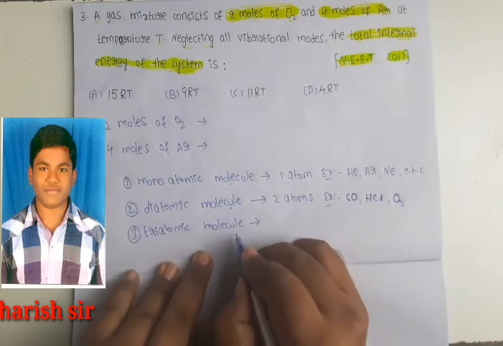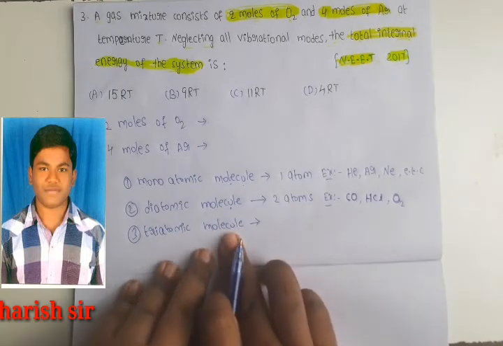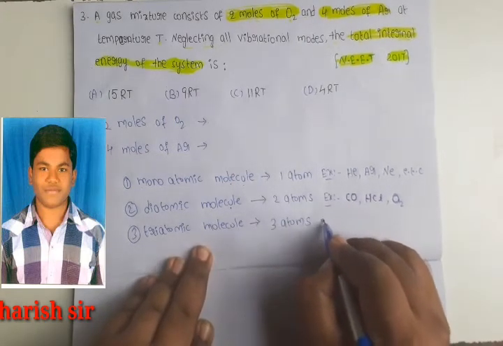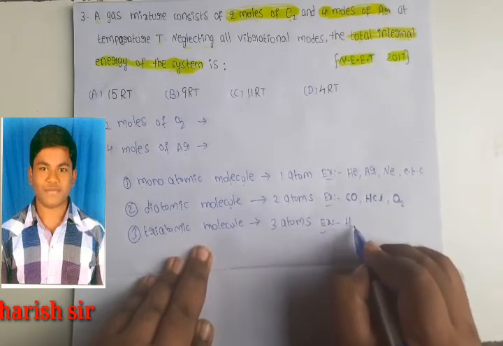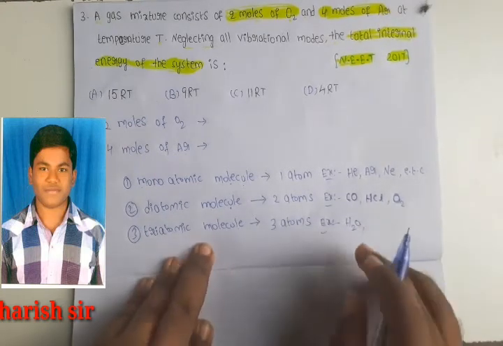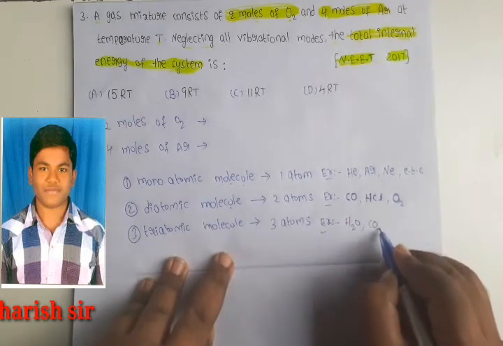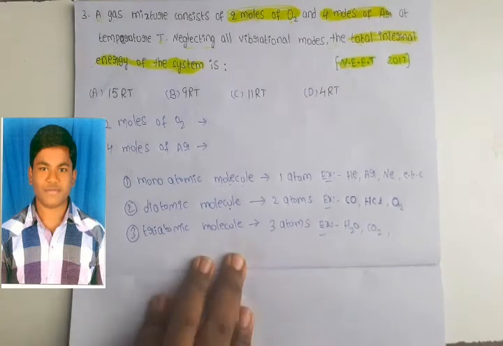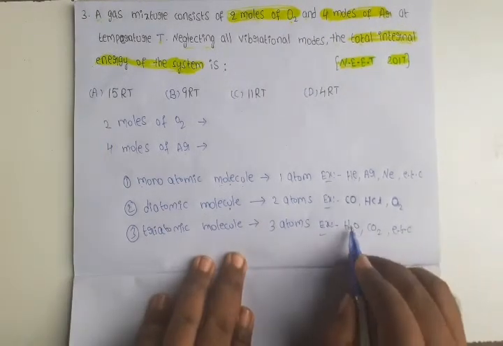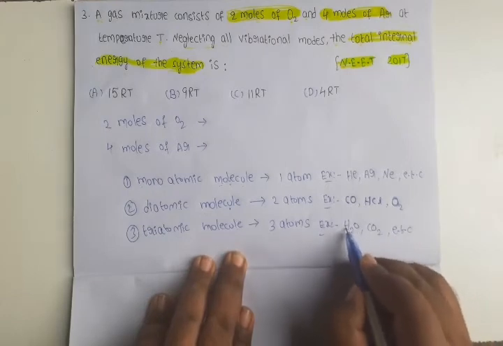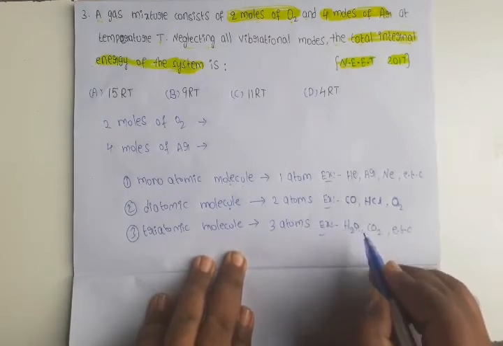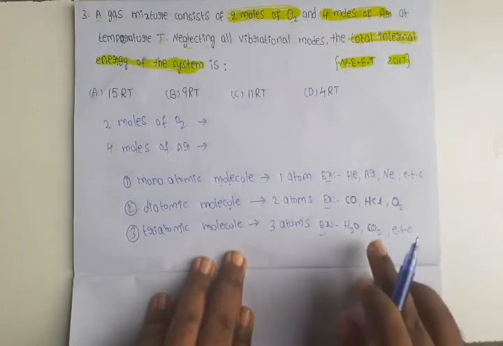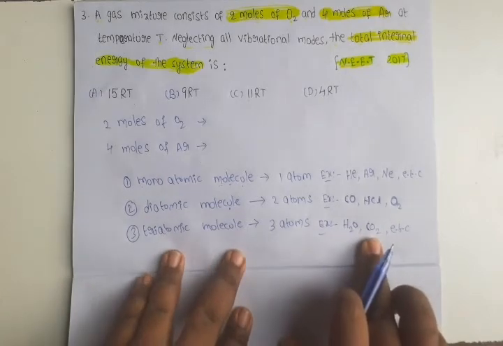What about the triatomic molecule? This is a molecule which contains three atoms. First example, water, H2O, next CO2, etc. Water has two hydrogen atoms and one oxygen atom; CO2 has one carbon atom and two oxygen atoms. Those are called triatomic molecules.